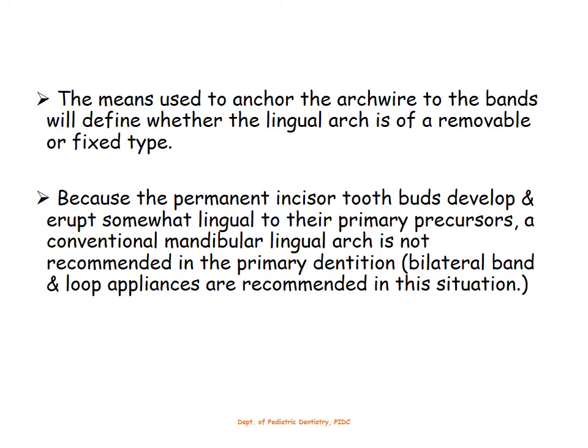Why do we wait for the permanent incisors to erupt before giving this appliance? Because, as we have discussed, the permanent tooth bud develops lingual to the primary predecessor. So if you place the space maintainer there, it will hinder the eruption of the permanent tooth.